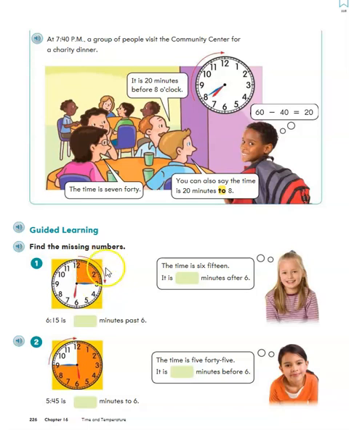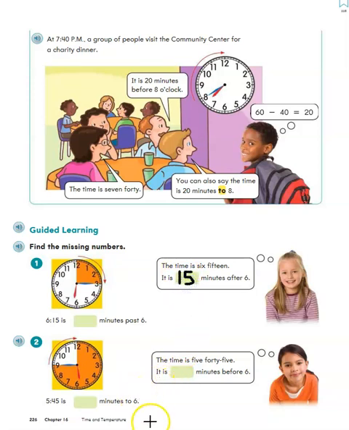So that tells us, see the part of the clock that's shaded orange? That's the part we want to look at if we're trying to figure out how many minutes after the hour it is. So that tells us it is 15 minutes after 6. So 15.